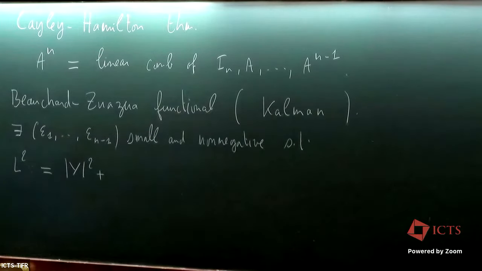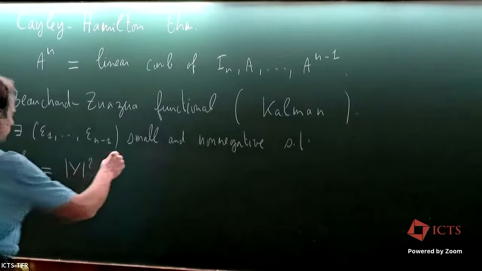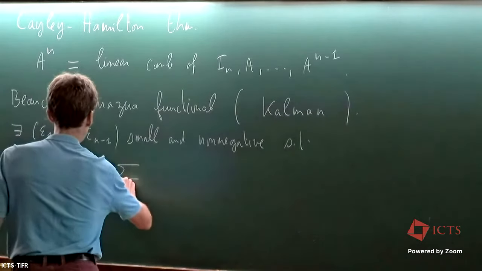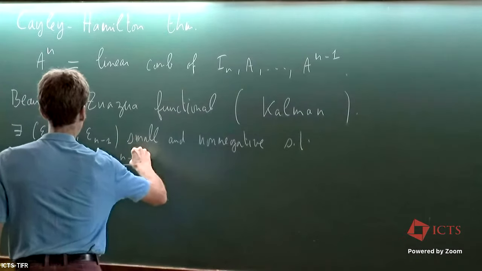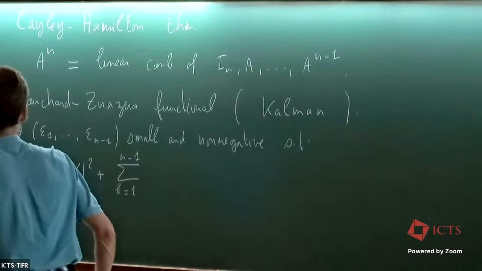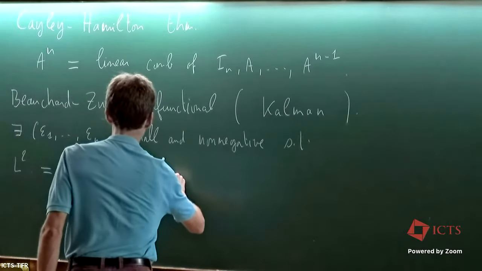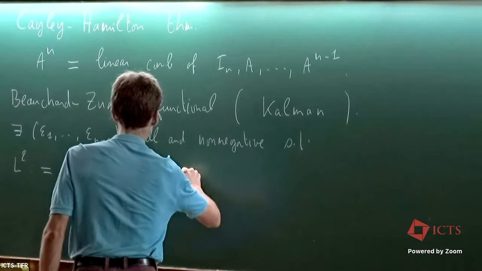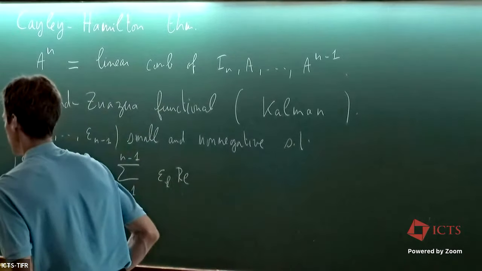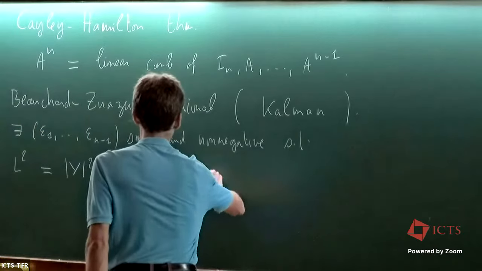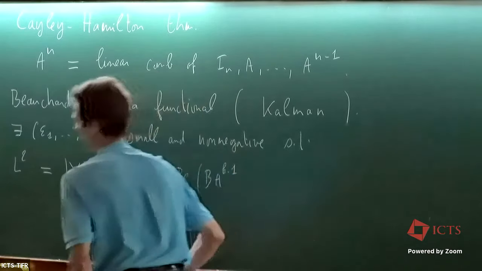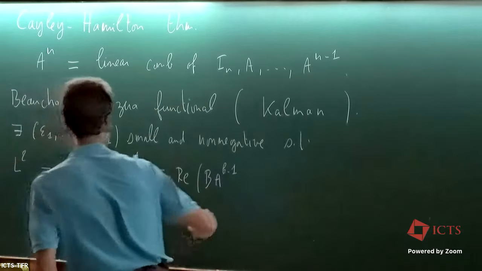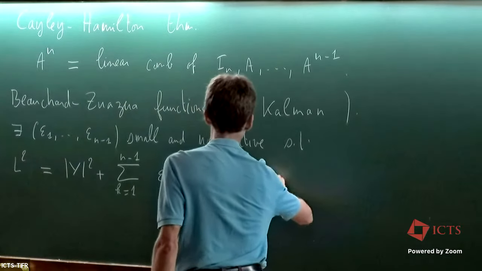So, sum from k equal 1 to n minus 1 of epsilon k real part of b a k minus 1 y, b a k y.